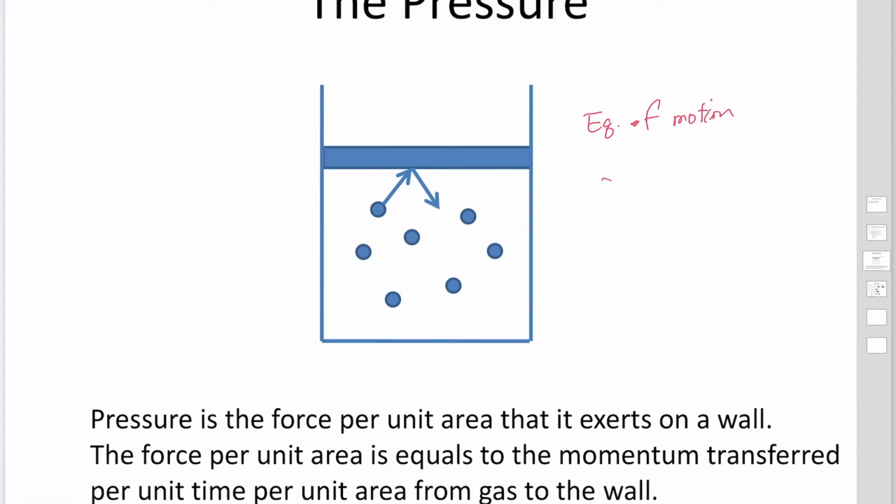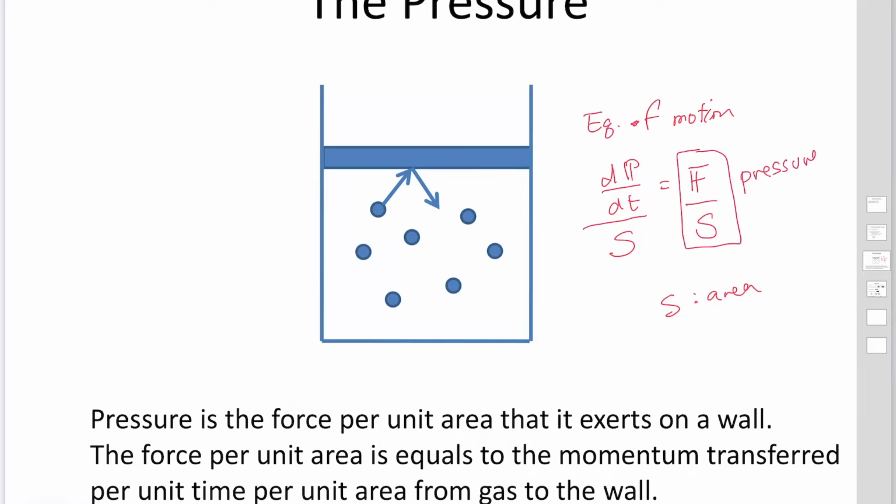If you remember the equation of motion, it is expressed as the derivative of momentum with respect to time equal to F. If you divide by the area S, the right-hand side is the pressure, because force divided by area becomes pressure.